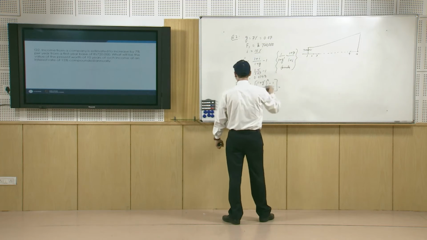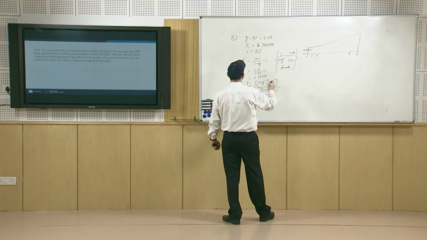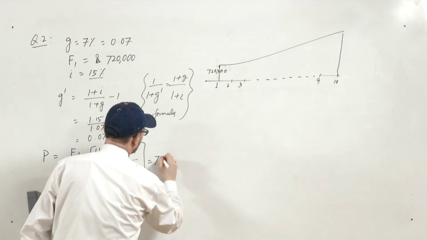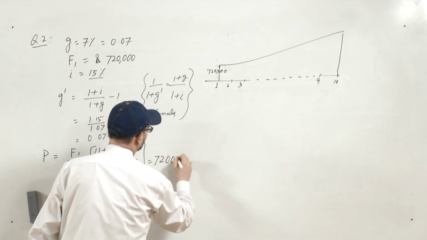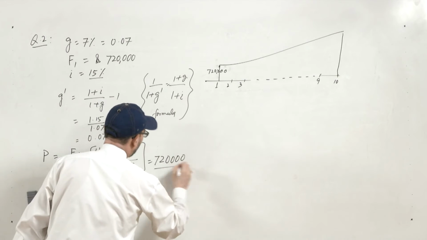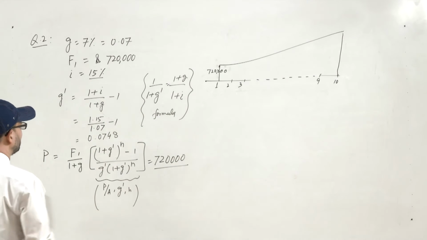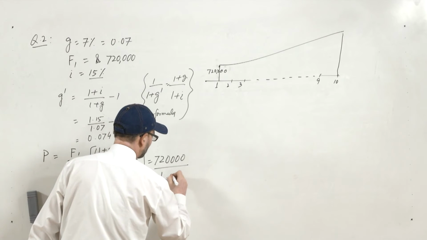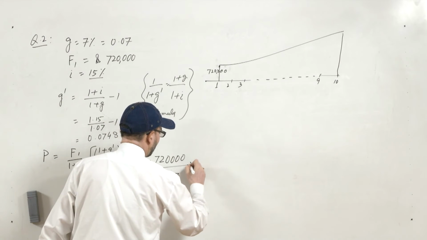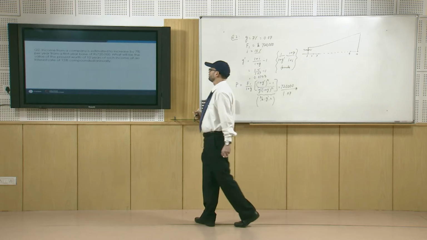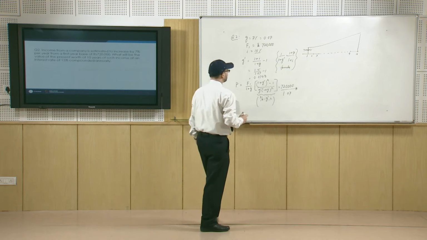So, what we see is this F1 is 720,000 divided by 1 plus G, G is 0.07, so 1.07, multiplied by this factor, which comes out to be 6.8704.